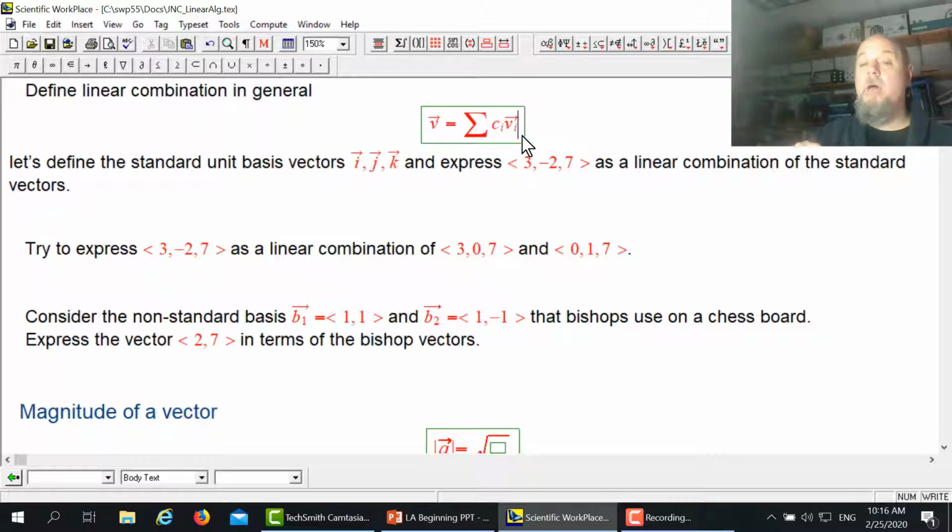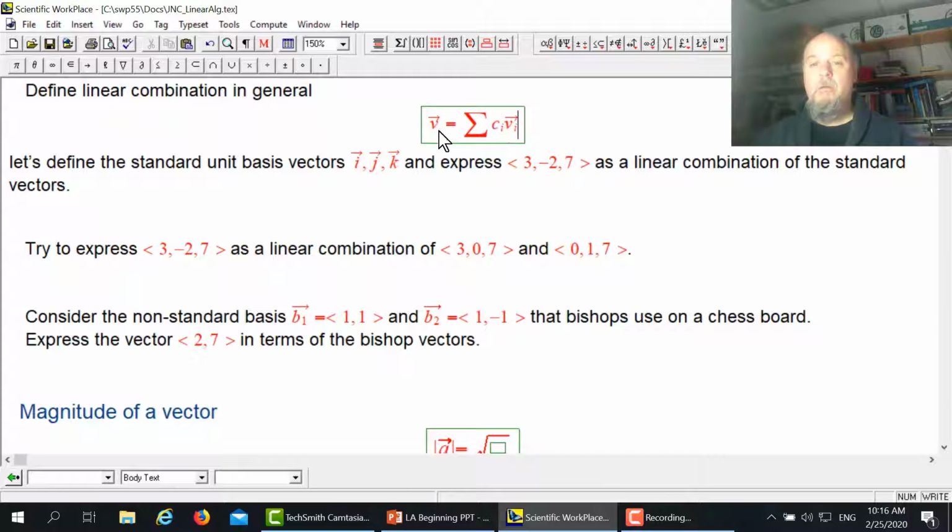If I can do that, assuming that not all the c's are 0, because all the c's could be 0, and then it would always work for the 0 vector. But if I can do that, then the v's form a dependent set. If I need to use all constants of 0 to get the 0 vector, then they are an independent set. All right, but anyway, that's foreshadowing.